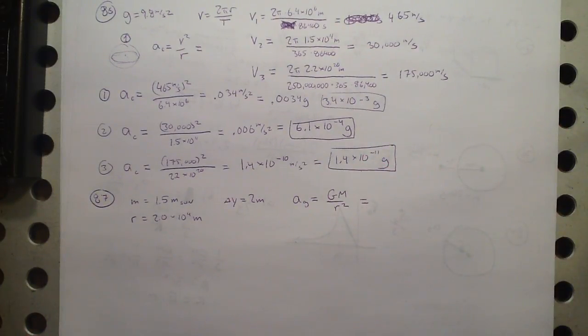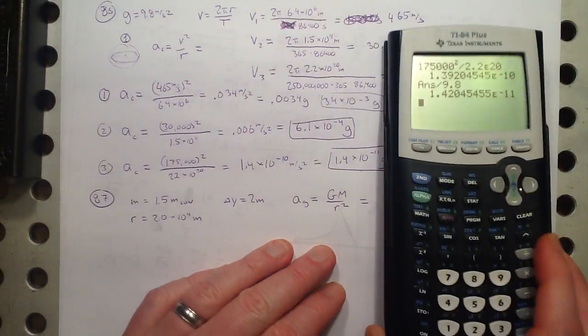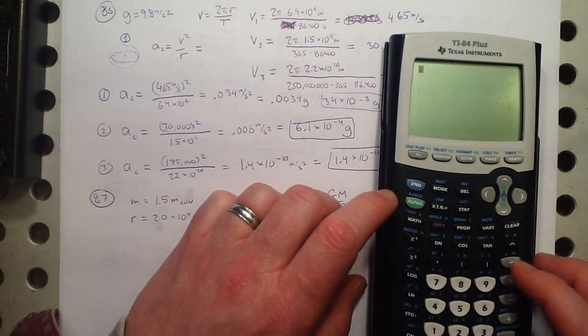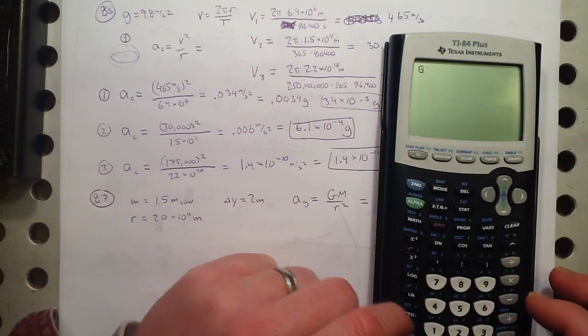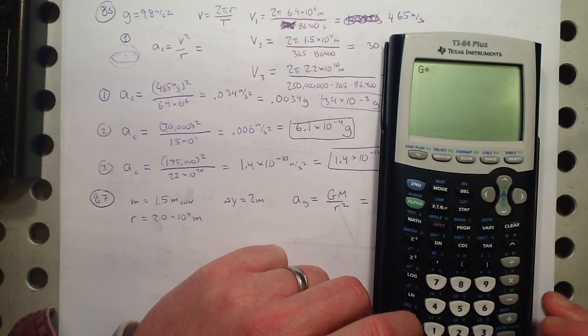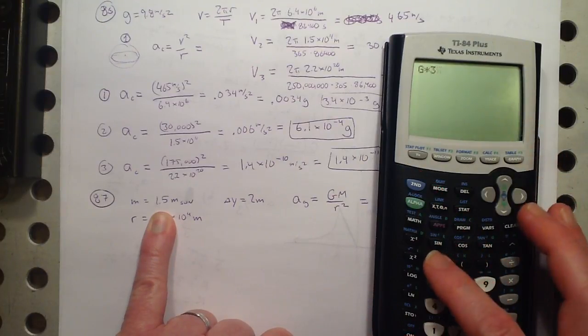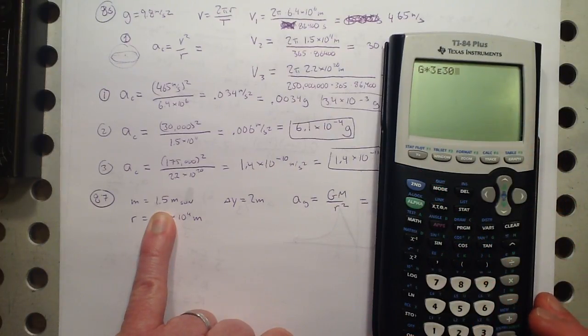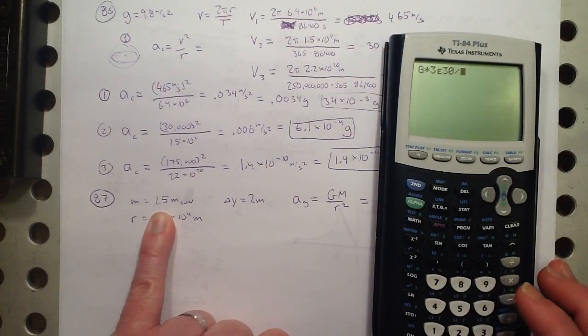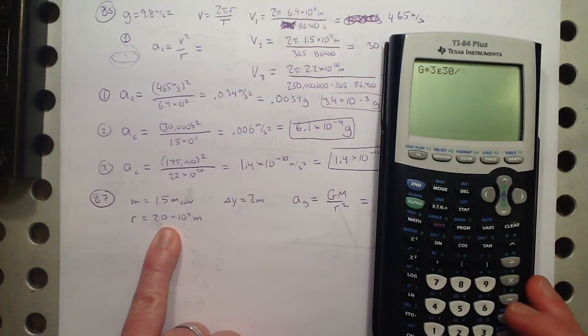So let's see. That's G times the mass of this thing. It's 1.5 times the mass of our Sun. The mass of our Sun is about 2 times 10 to the 30th, so that would be 3 times 10 to the 30th divided by r squared.